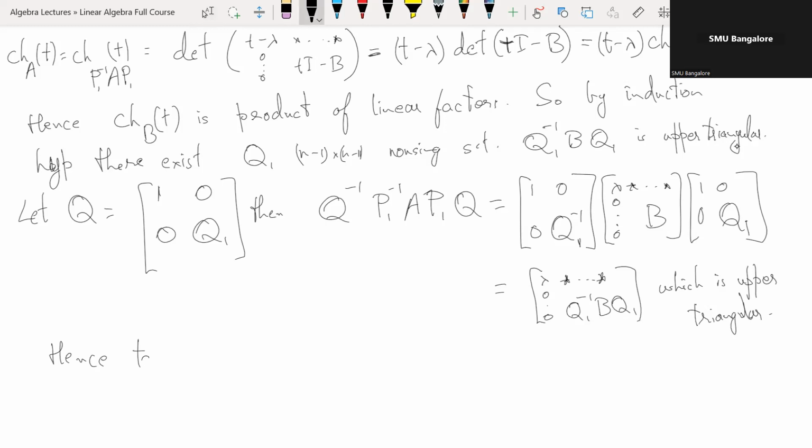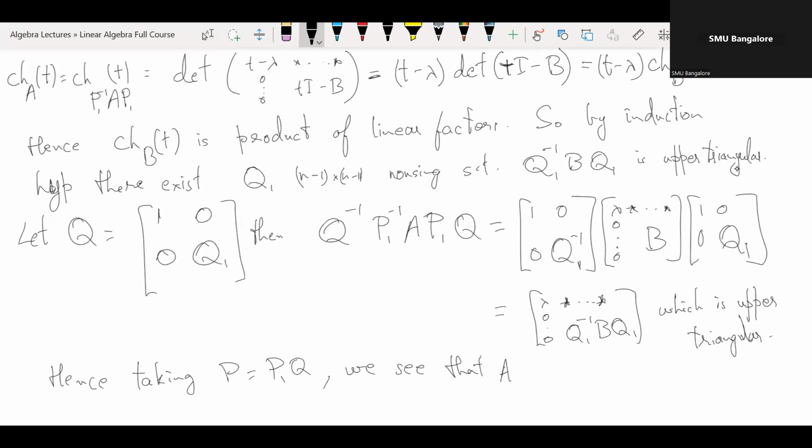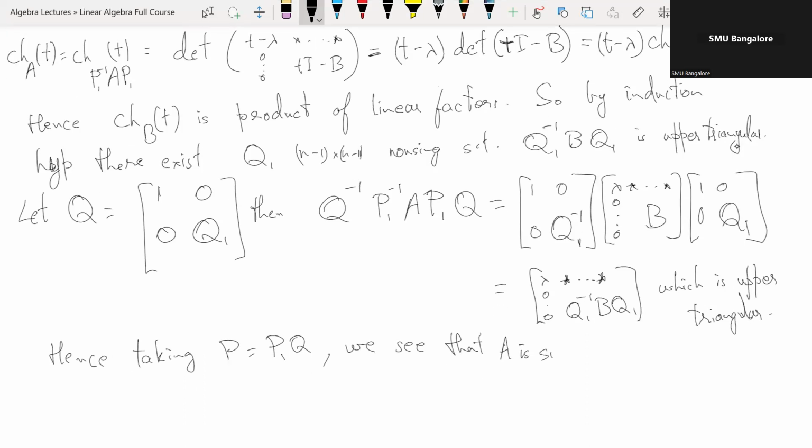Hence, taking P equals P1 Q, we see that A is similar to an upper triangular matrix. Okay, any questions? So that completes the proof of this thing.